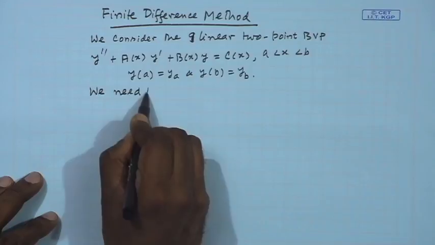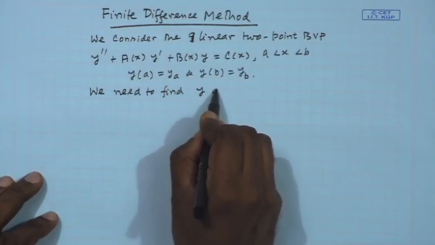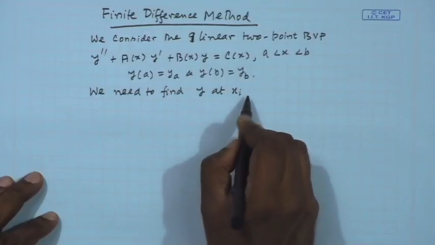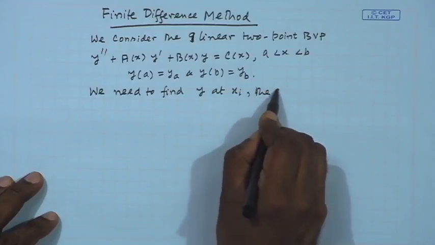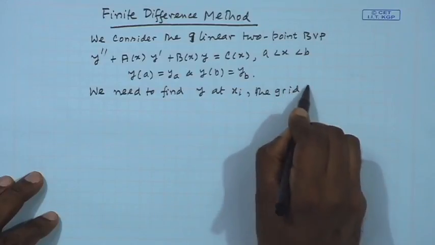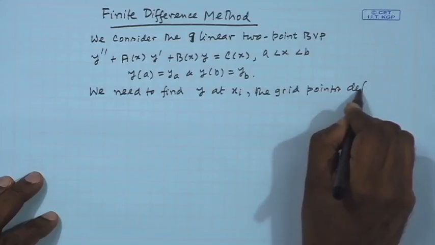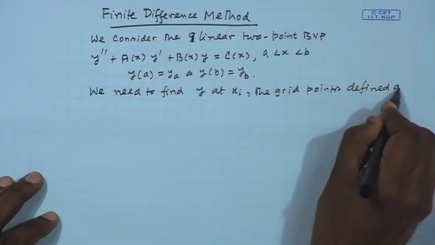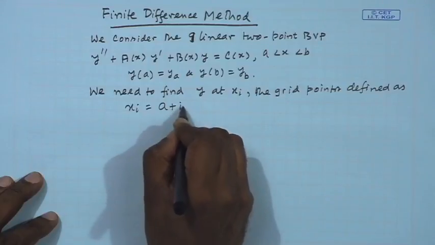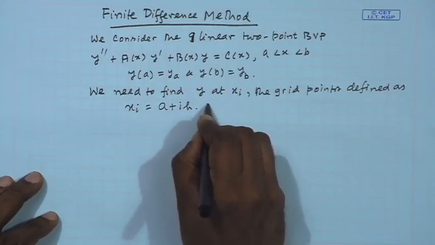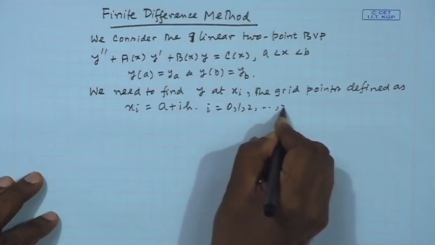So, we need to find y at x_i, which are the grid points defined as x_i equal to a plus ih, i is 0, 1, 2, up to n.